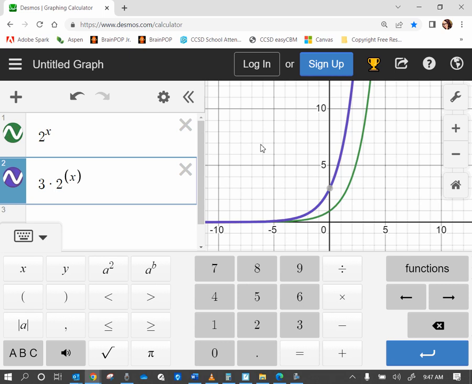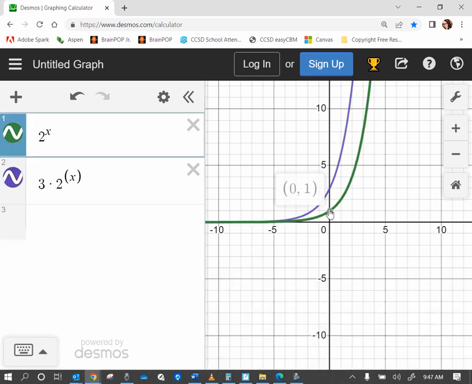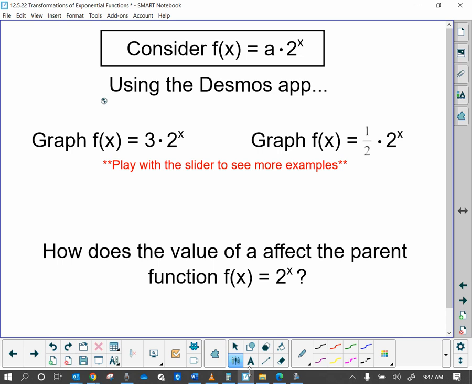It didn't shift the entire graph, the asymptote is still the same, but you're stretching it. So we're going from a y-intercept of 1 to a y-intercept of 3. That is called a vertical stretch. And on this one, it's a vertical stretch by a factor of 3.